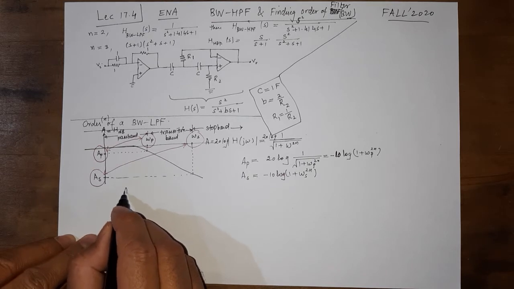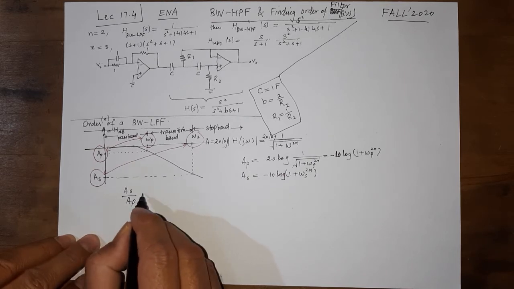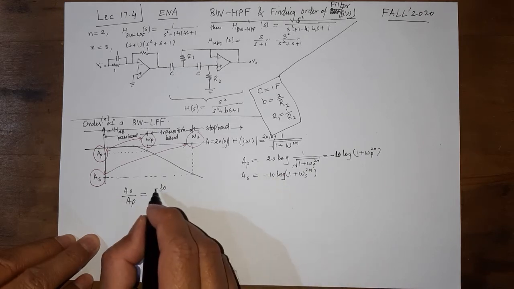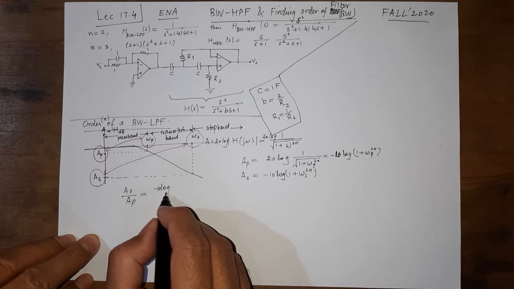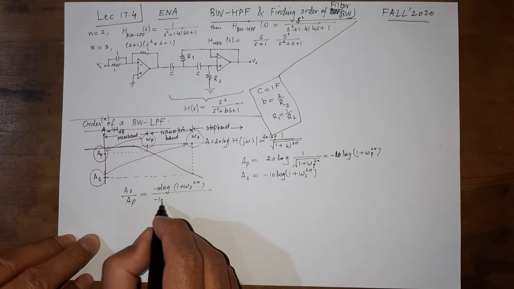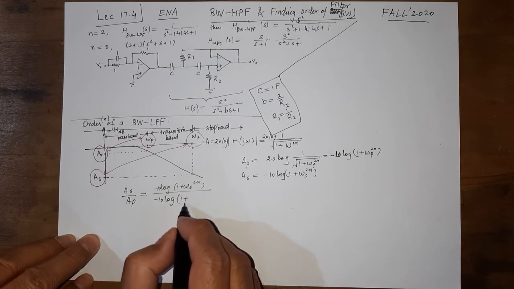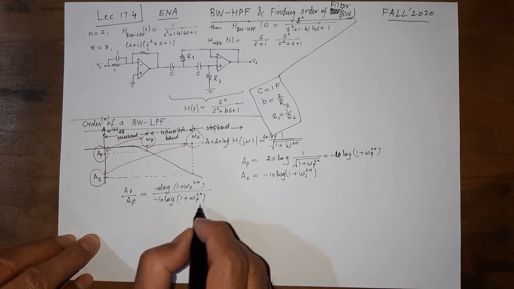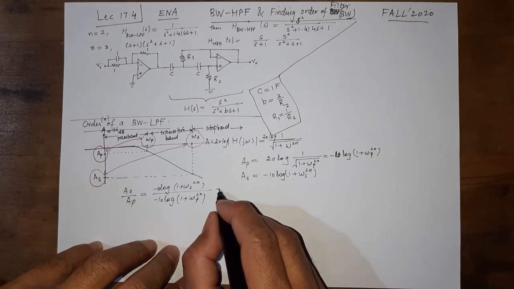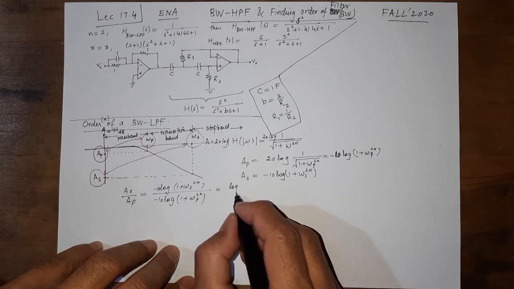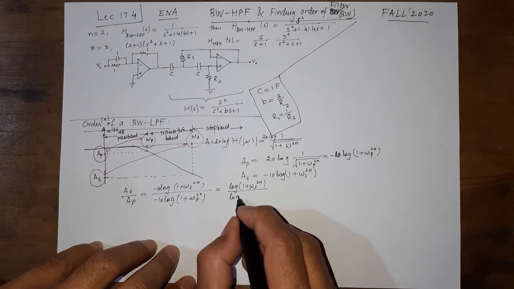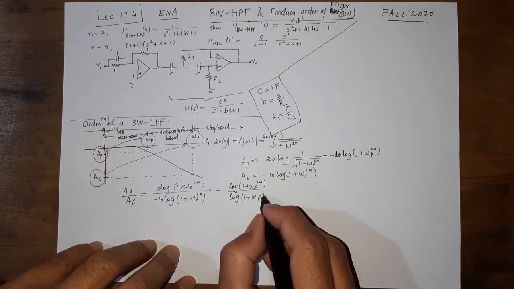So we are going to get AS over AP equal to minus 10 log of 1 plus omega s power 2n over minus 10 log of 1 plus omega p power 2n, and that would be equal to log of 1 plus omega s 2n over log of 1 plus omega p 2n.